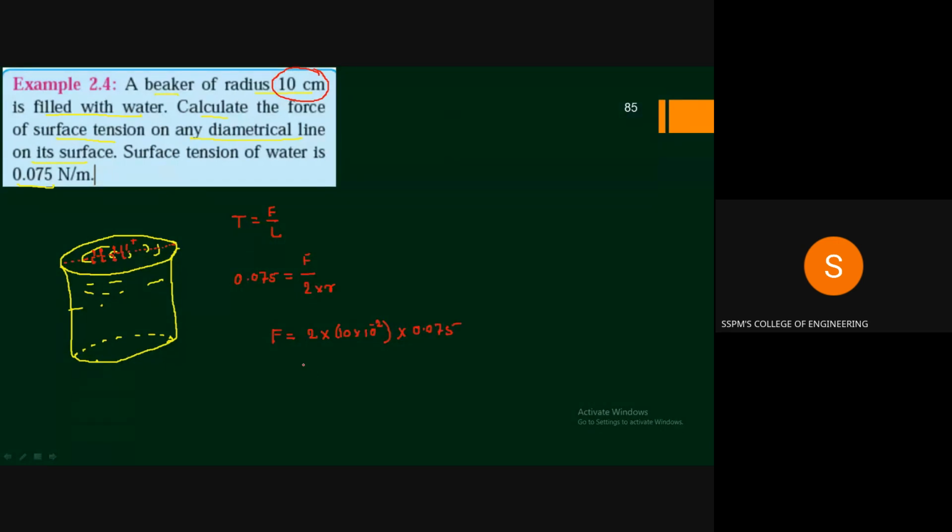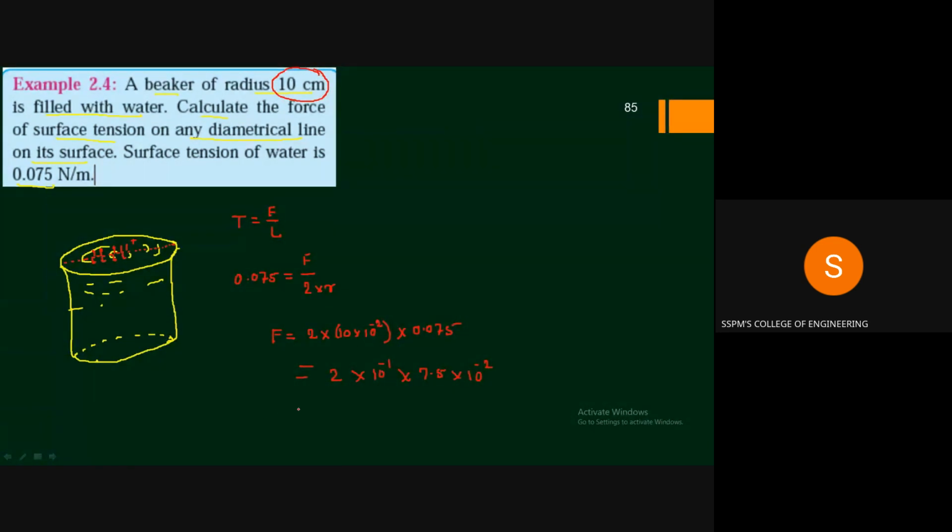Simplifying, we get 10 into 10 to the power minus 2, so this will be 10 to the power minus 1, into 0.075, which we can write as 7.5 into 10 to the power minus 2.